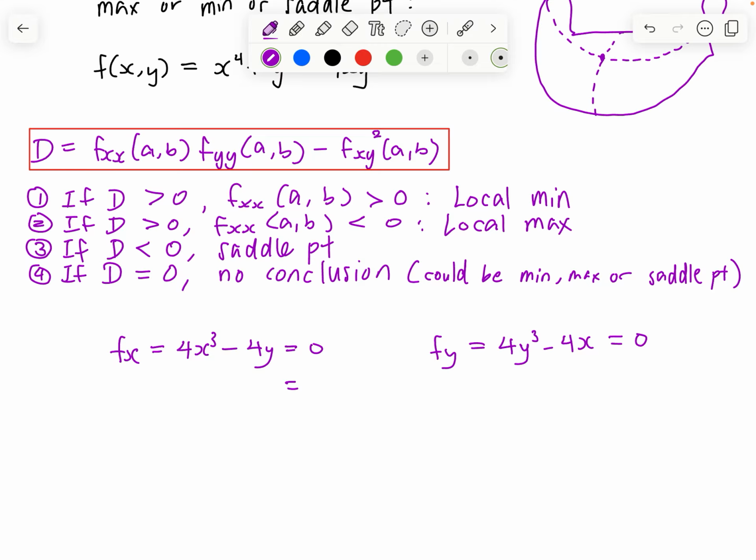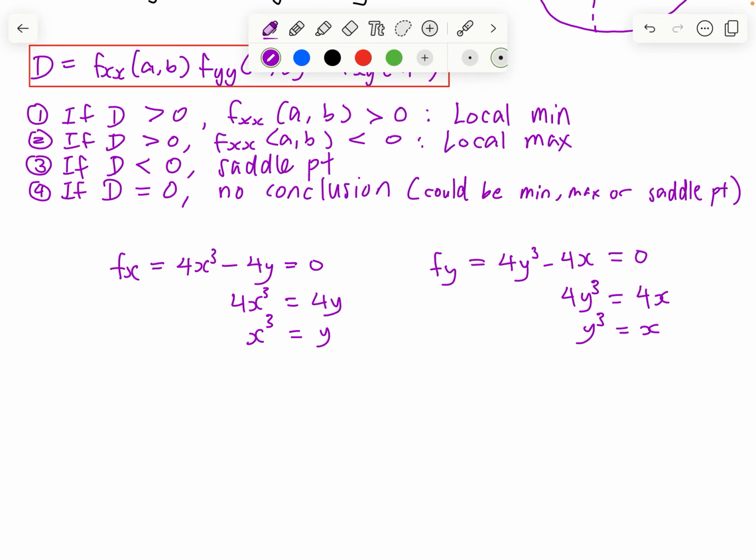So if I move 4y to the other side, I get 4x cubed equals 4y, and y is then just equal to x cubed. On the other hand, if I do the same thing here, we have 4y cubed equals 4x, and x is equal to y cubed.